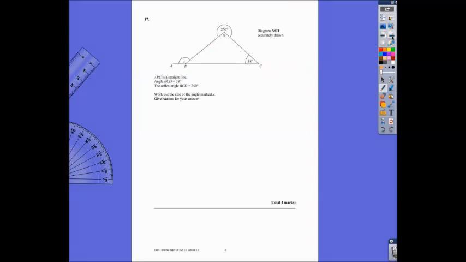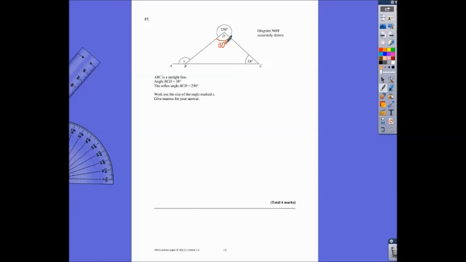Question 17. ABC is a straight line. Angle BCD is 38 degrees and the reflex angle BCD is 250 degrees as it shows on the diagram. Work out the size of the angle marked X and give reasons for each stage of your working out. So the first one we're going to work out is this one. And we know that angles around a point add up to 360, so that must be 110 degrees.